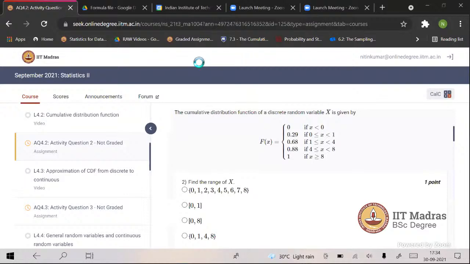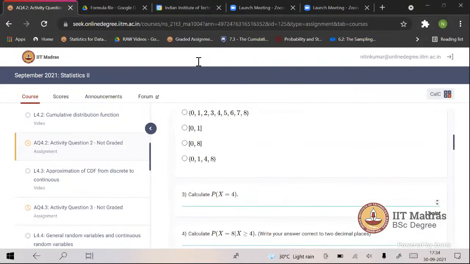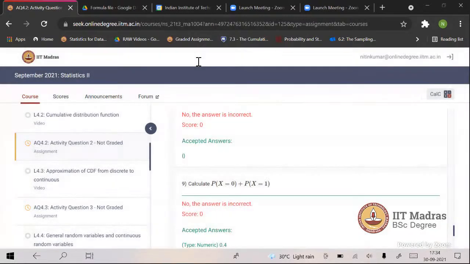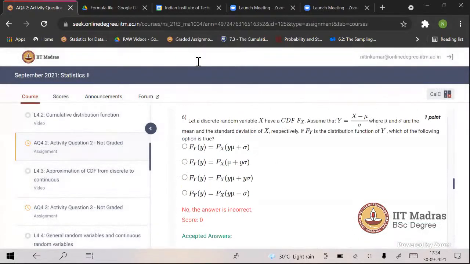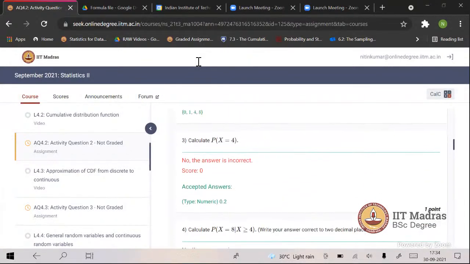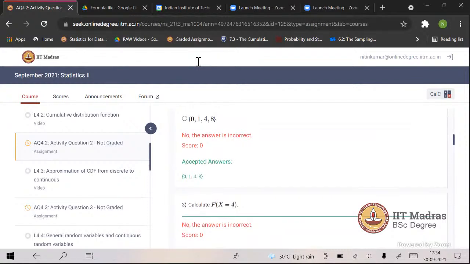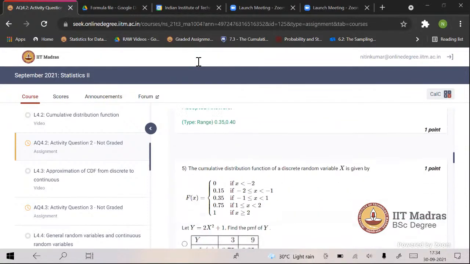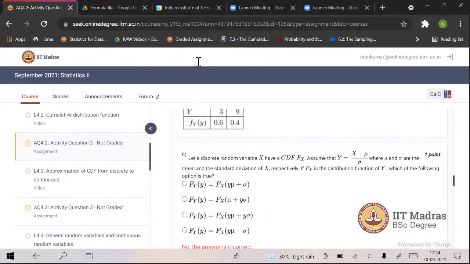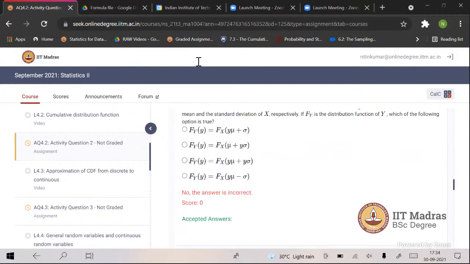So the jump at 4 is 0.20. So the answer will be 0.20. Okay. So this is the way of finding probabilities using the CDF function.